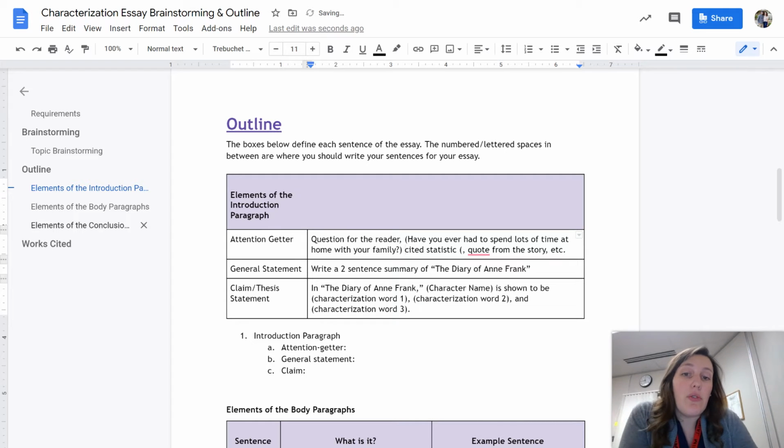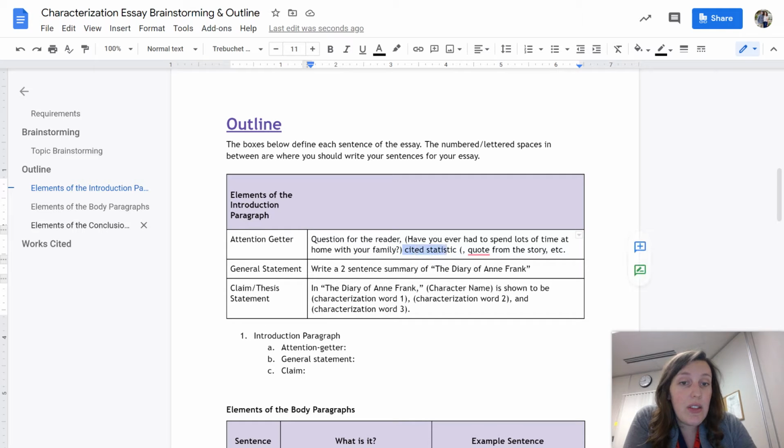Because we can make a stretch that this is what happens in the play, that Anne is forced to spend lots of time with her family. So that would just be a random question for you, the reader. Any question that asks about their experiences that have something to do with the play should work.